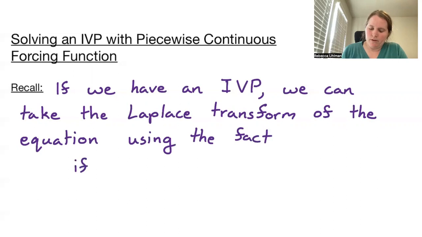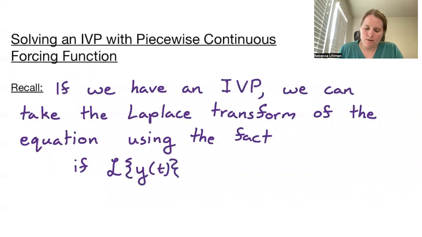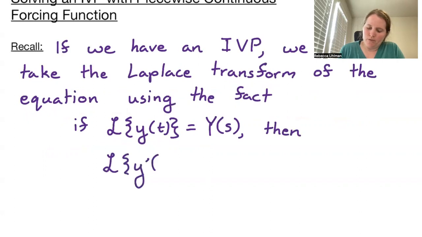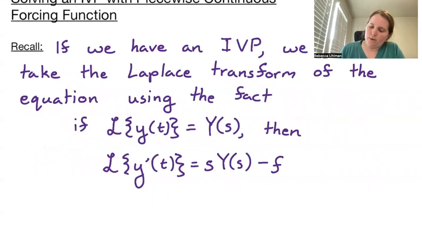that if the Laplace transform of y of t is equal to capital Y of s, then the Laplace transform of y prime of t is equal to s times Y of s minus y of 0.